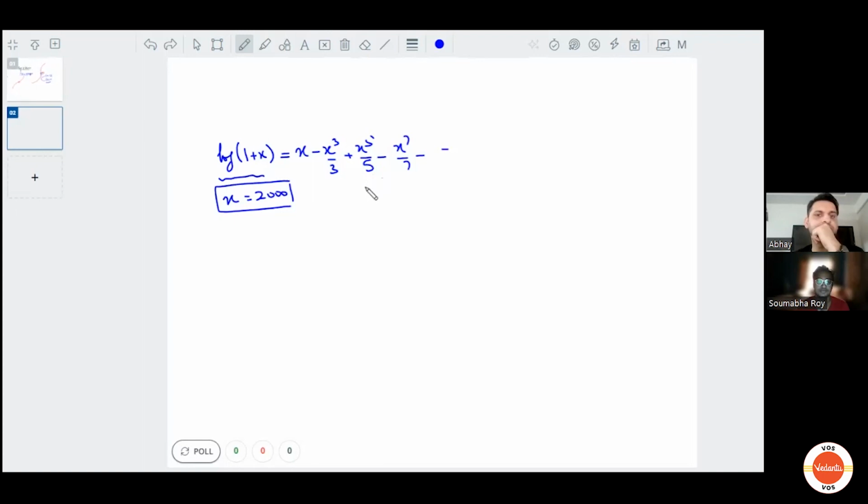Sir, I think it is defined for larger values of x. For that, you should know how it is derived and what approximations or conditions we make in the expansion of log of 1 plus x. Let me tell you, it is not defined for large values of x. It is only defined for mod x less than 1. Okay, for large values, the series will be divergent and will not approximate log of 1 plus x.